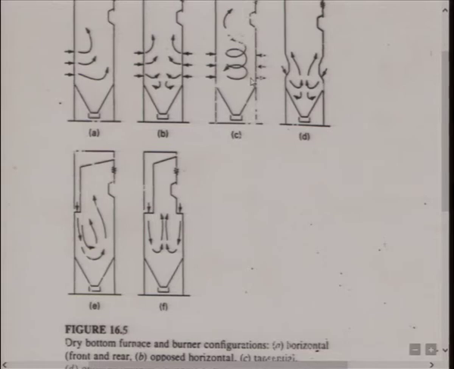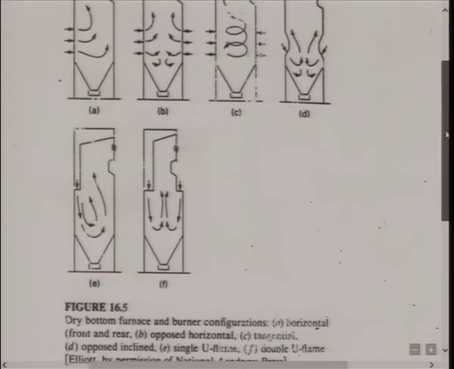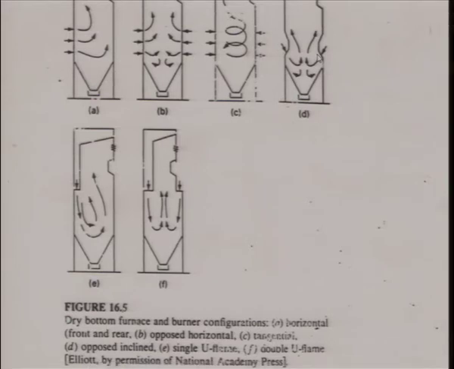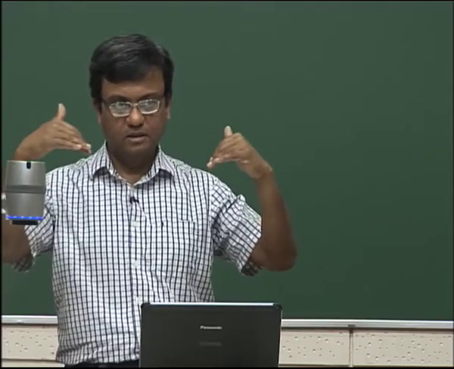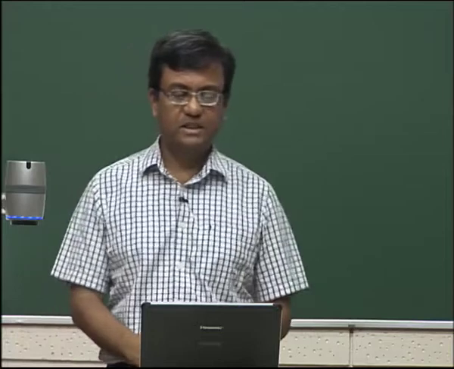I'll come to tangential firing a little later. This is called opposed inclined. Opposed inclined means coal and air are coming through nozzles from this side, but also from the opposite wall, and they are both inclined. They are not both horizontal. So that is part D.